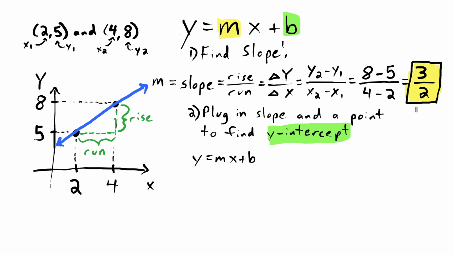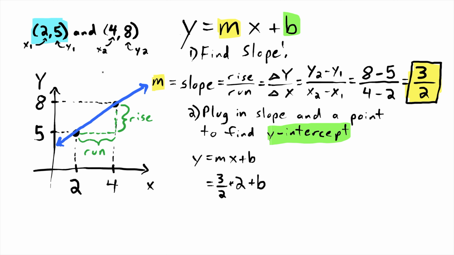The slope is 3/2, and that's my value of m in this equation. And now I can choose one of these points. I'm going to pick this first one, and I'm going to plug in its x value in for the x in my equation. And b is the thing I'm solving for, so I'm going to just write that as the letter b.